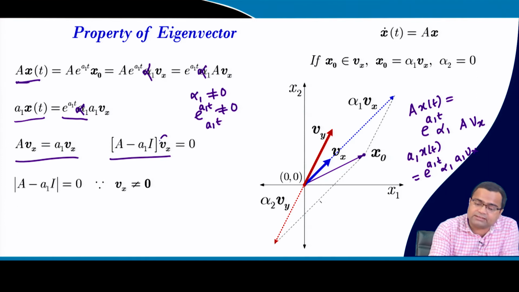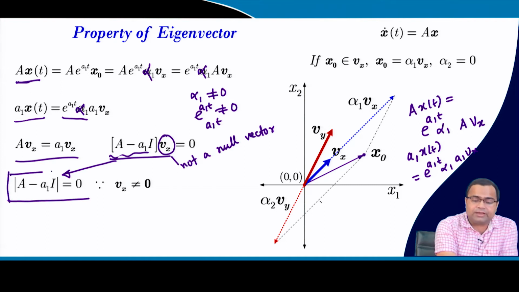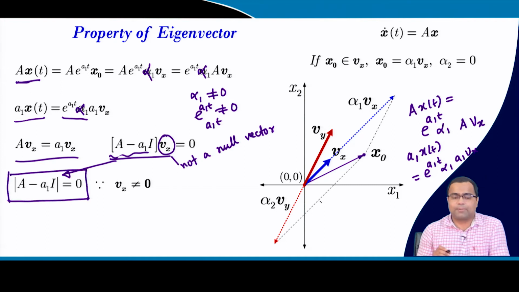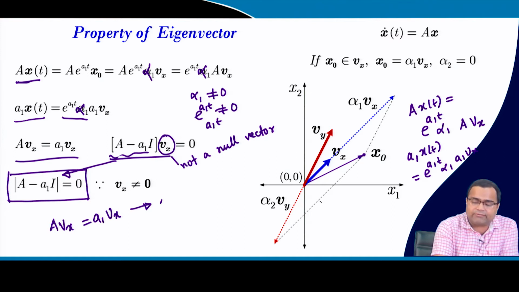Since Vx is not a null vector, then in the null space of this matrix the determinant must be 0, and this is exactly the equation derived to find the eigenvalues, and a into Vx equal to a1 into Vx, this to find the eigenvectors.